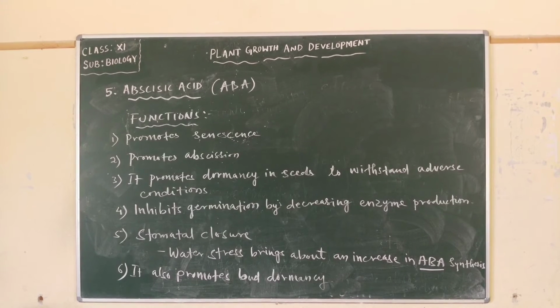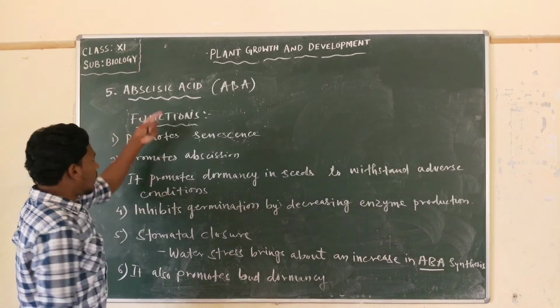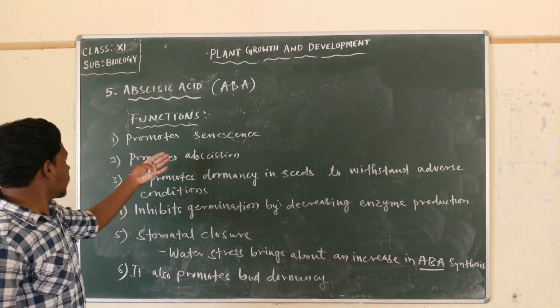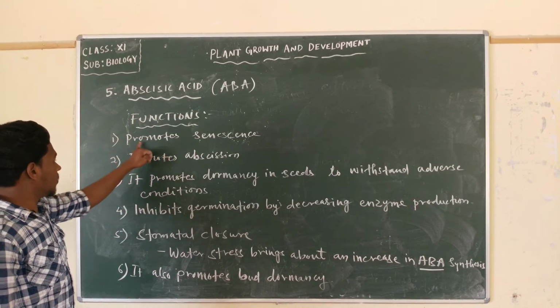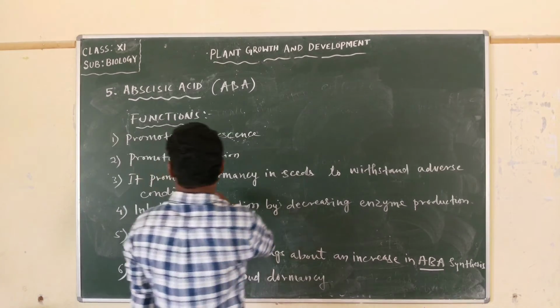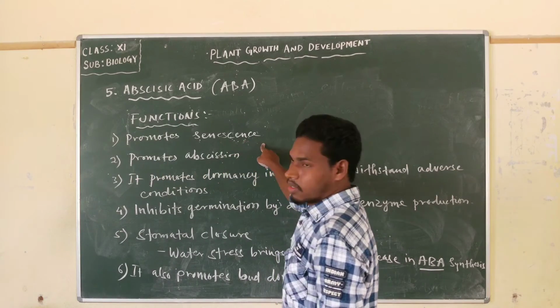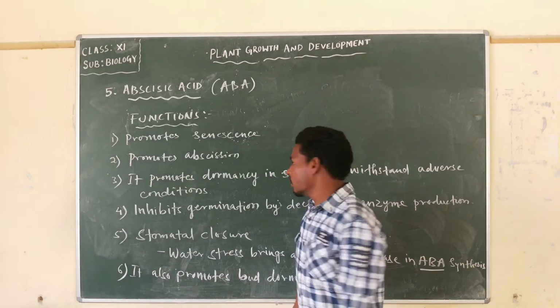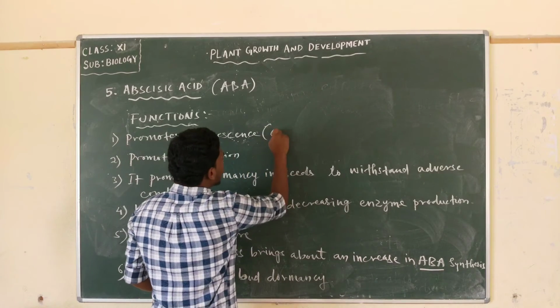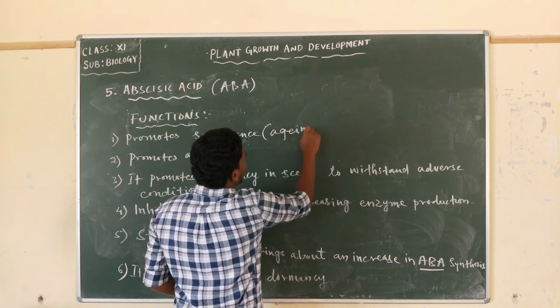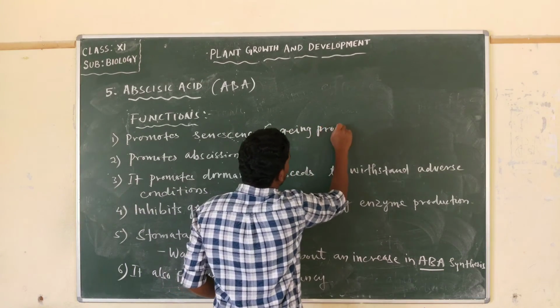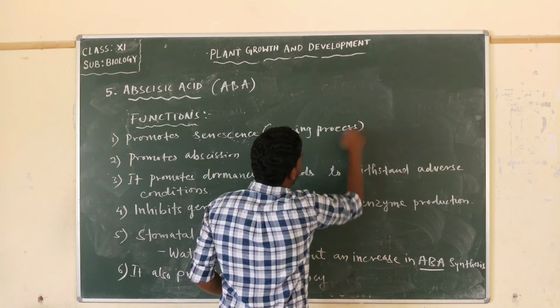Now let's see a few functions of abscisic acid. The first function is that it promotes senescence. Senescence is something like the aging process, right? It is the aging process.